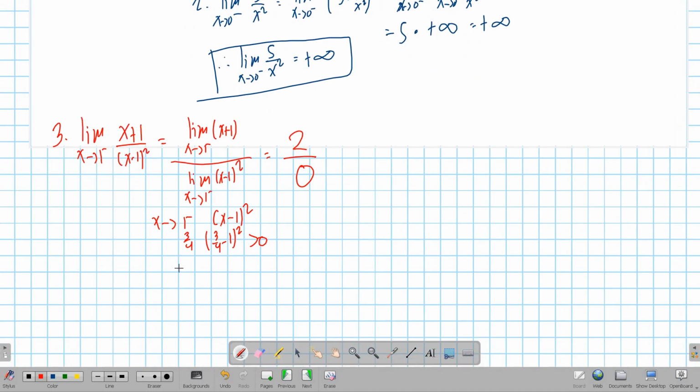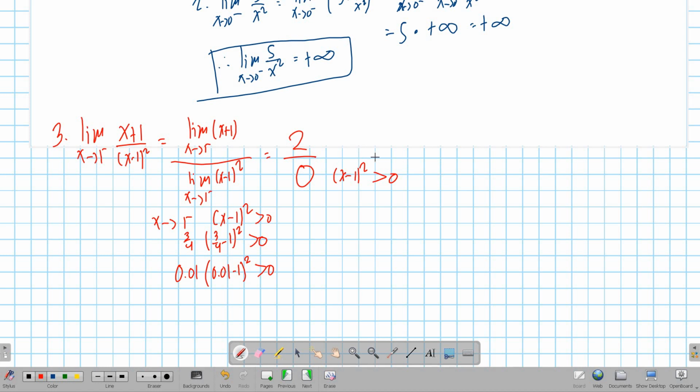If we get, let's say, 0.01 minus 1 squared, since that is squared, it will still end up as a positive number. Therefore, x minus 1 squared as x approaches 1 is positive. This function, g of x, x minus 1 squared, would be positive. So positive divided by positive is positive.